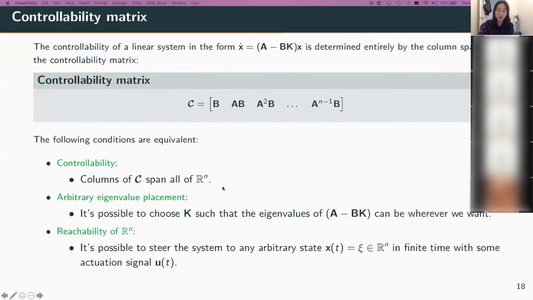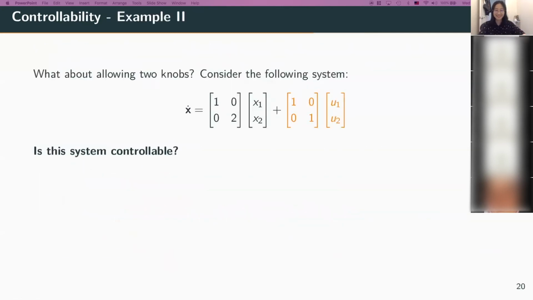And reachability is being able to steer the system to any point in Rn. I see. And these are all equivalent. Thank you. Is that okay? Yeah.